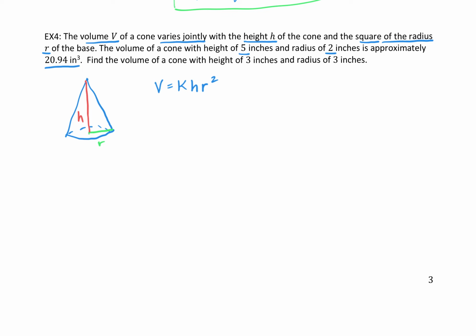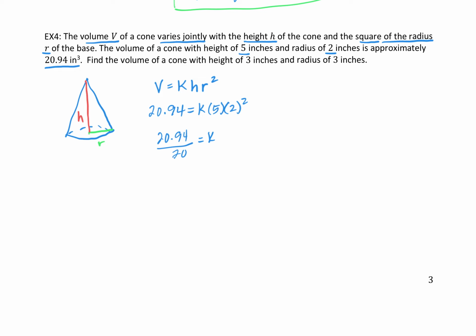So the volume, 20.94, is equal to K. The height here is 5, and the radius is 2, and I'm squaring that. So 5 times 4 is 20. I'm going to get 20.94 over 20 is equal to my K.